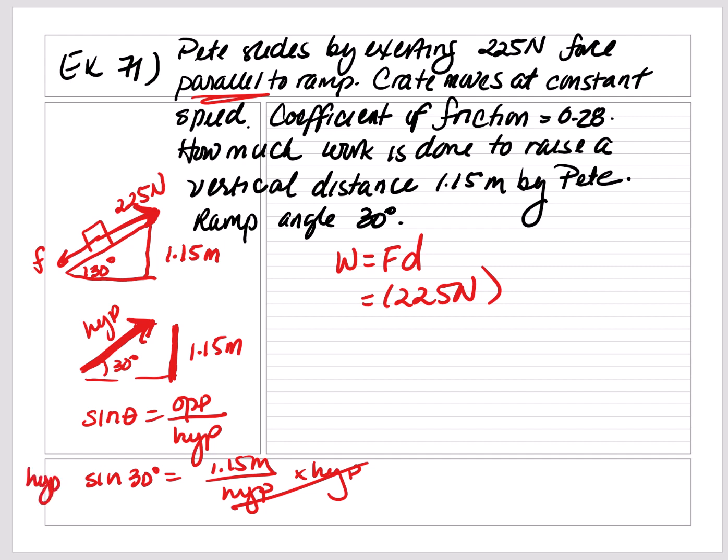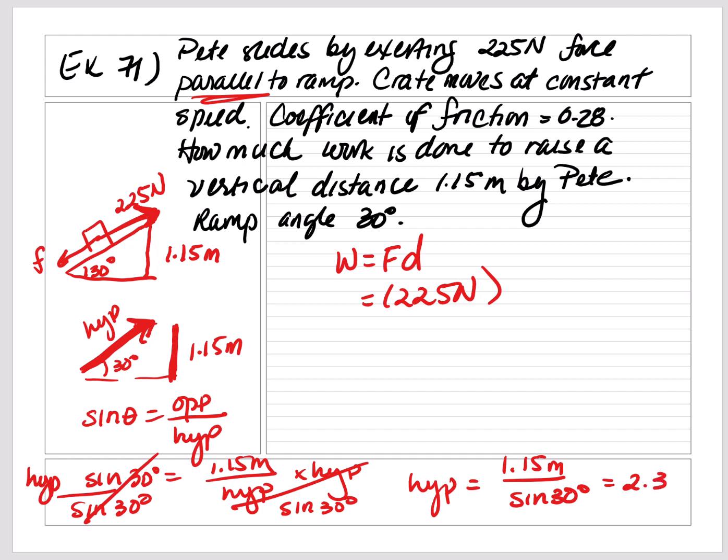And so I need to divide by sine 30 on both sides. The sine 30s cancel out. And then I need to divide this side by sine 30. So if I clean up my math, it becomes hypotenuse is 1.15 meters divided by sine 30, which equals 2.3 meters. So I need to multiply this by 2.3 meters.